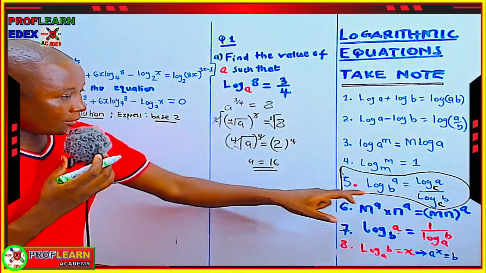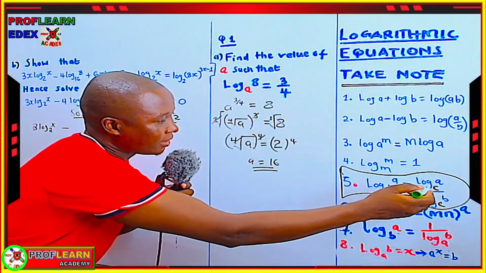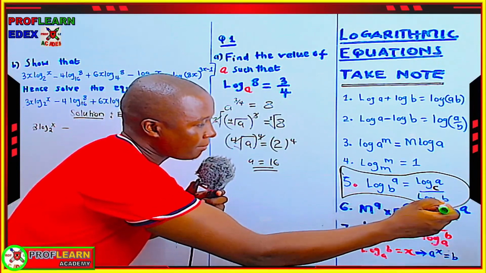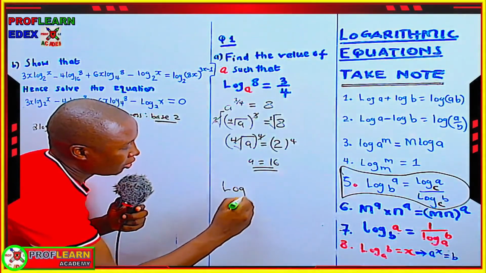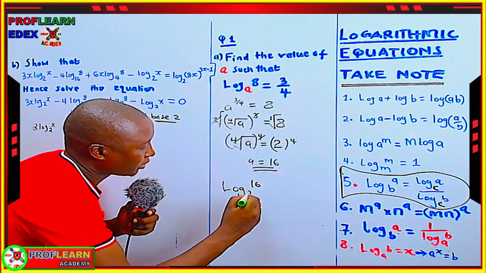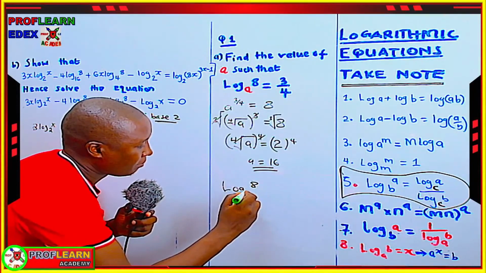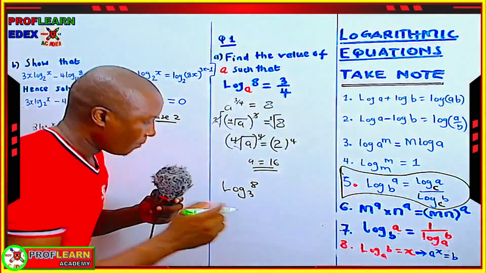So for instance, if you are having log 8 base 3, and I want to write this to the base of 2, I'm going to say log of 8 to the base of 2, the one I want, over log of this number that we have here, 3 to the base of 2. That's what we're going to do.